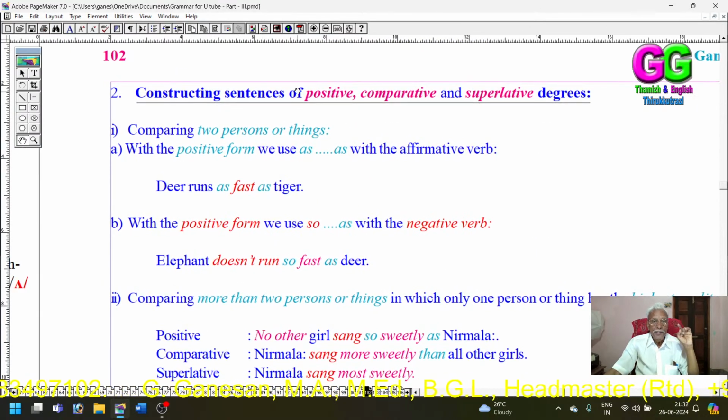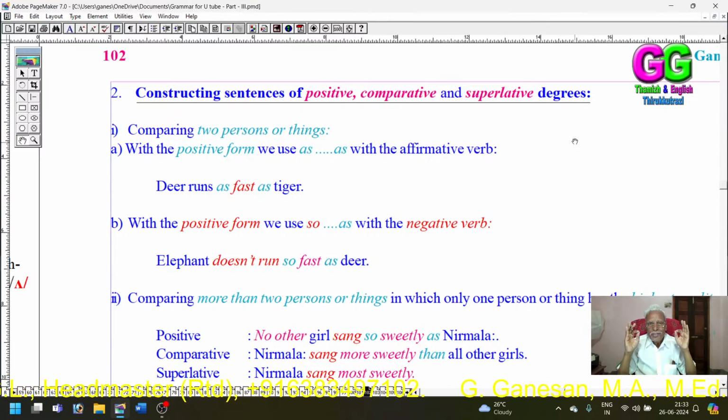Now, constructing sentences of positive, comparative, and superlative degrees. My dear students, what are the rules we could follow to frame sentences having adverbs to compare two or more persons or things by action?